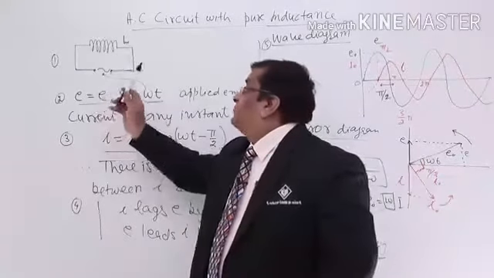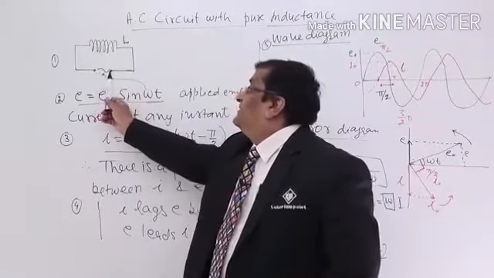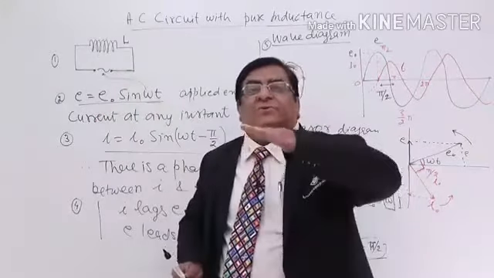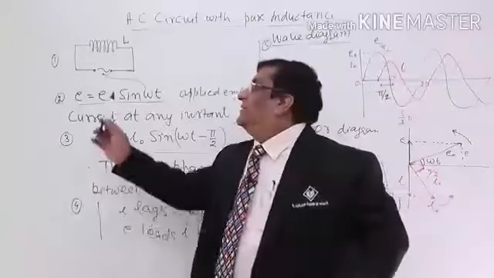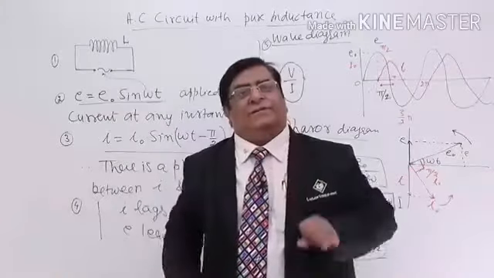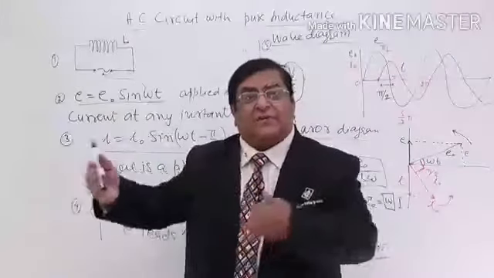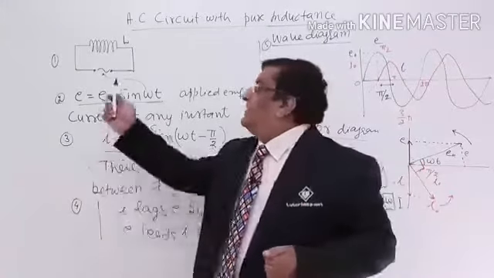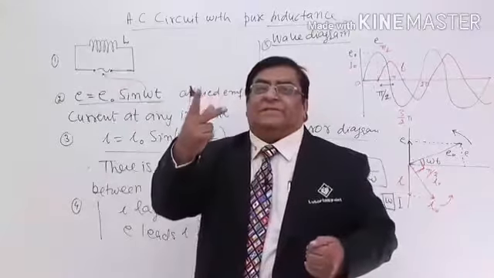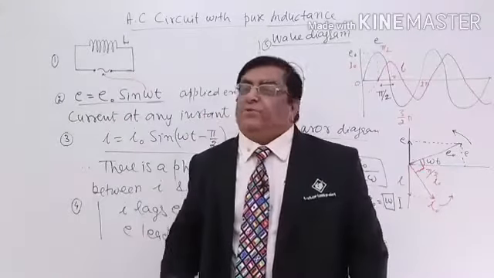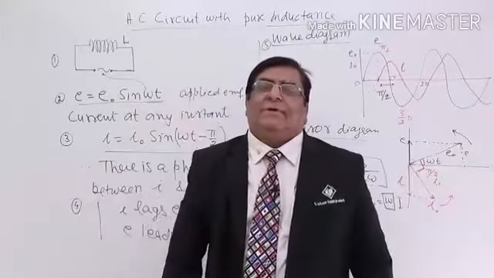Listen, as soon as we increase the frequency, the opposition increases. As soon as we decrease the frequency, the opposition also decreases. What is this? This is tit for tat. This is reaction to action. If the action is increasing frequency, it will immediately increase opposition, so that current should not pass.